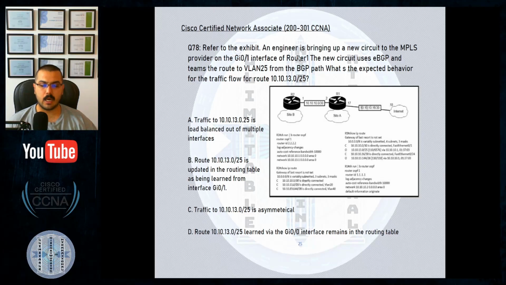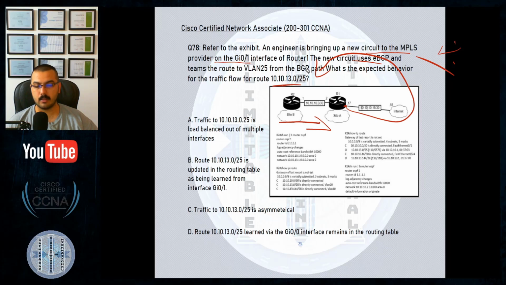78. An engineer is bringing up a new circuit to the MPLS provider on Gig 0/1. 1% is the possibility of seeing this question in your exam, because MPLS has been removed, eBGP has been removed. This is nonsense. Okay, the idea is that router R1 receives this network from this guy, but by using the new config, the same network was advertised through the internet to the cloud.